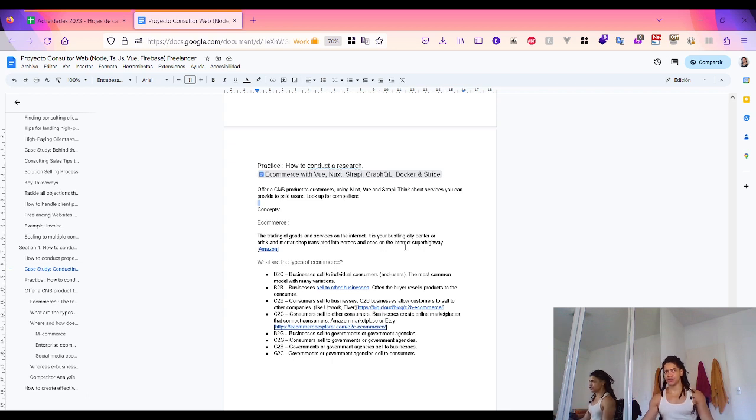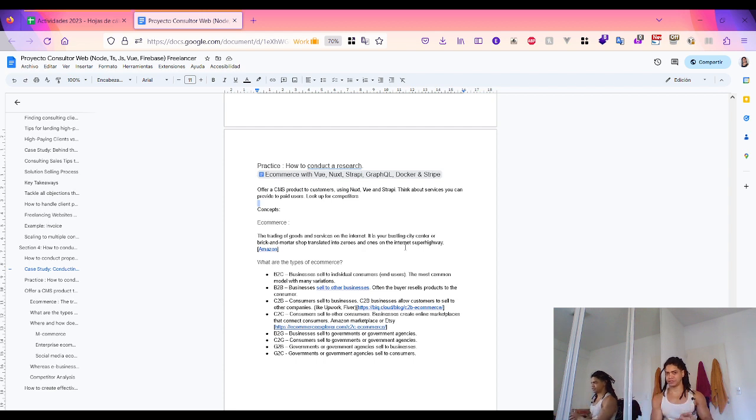First I need to know what e-commerce is, and according to Amazon, this is the trade of goods and services on the internet. So it is your bustling city center or your brick and mortar shop translated into zeros and ones on the internet superhighway.